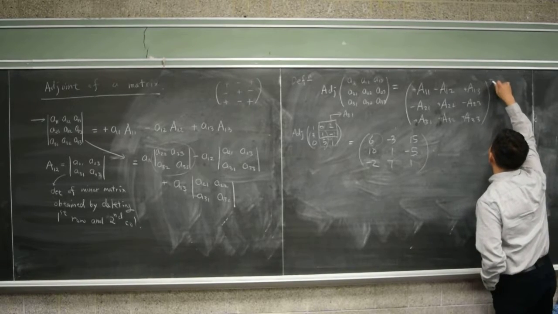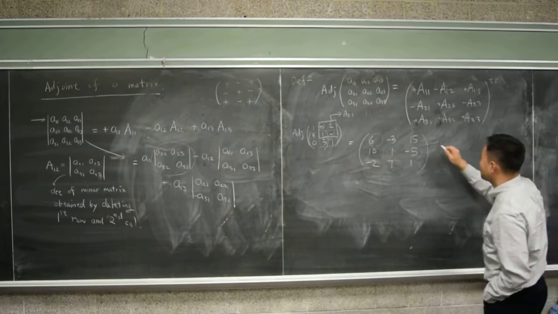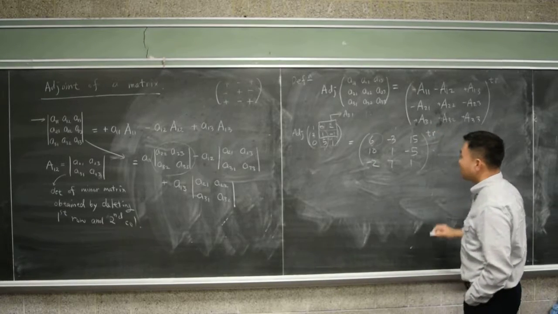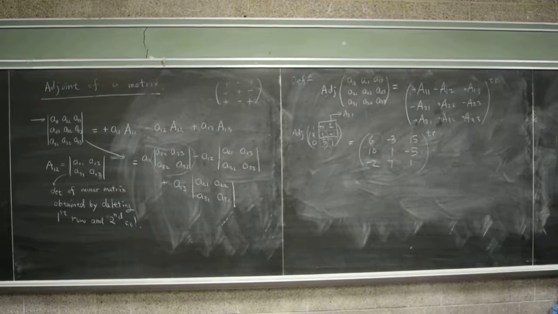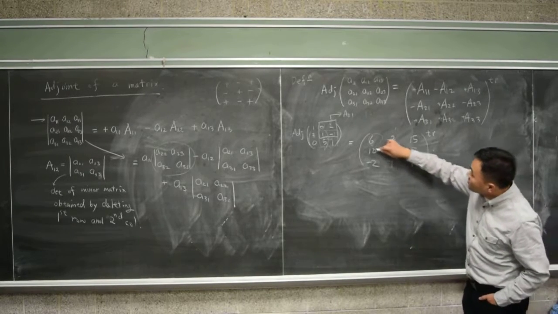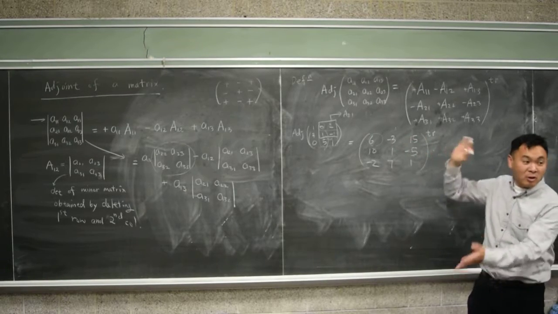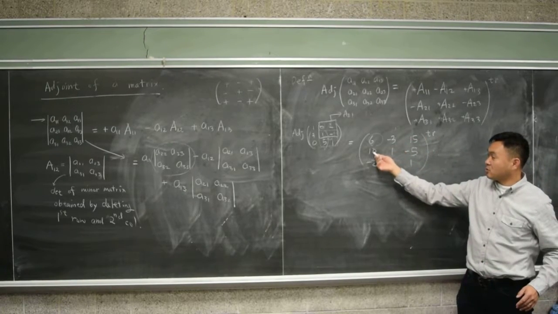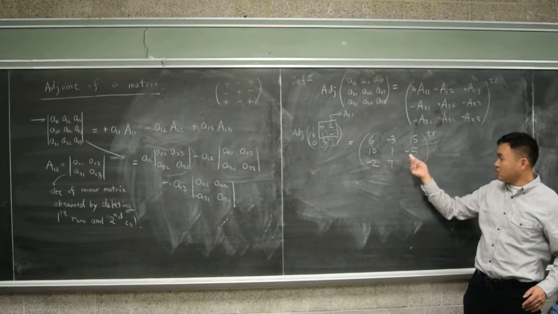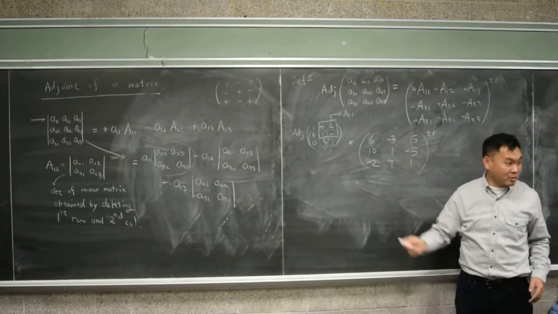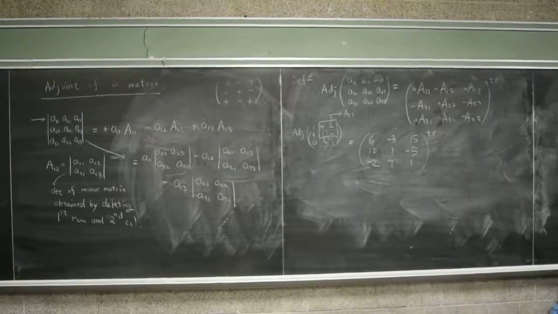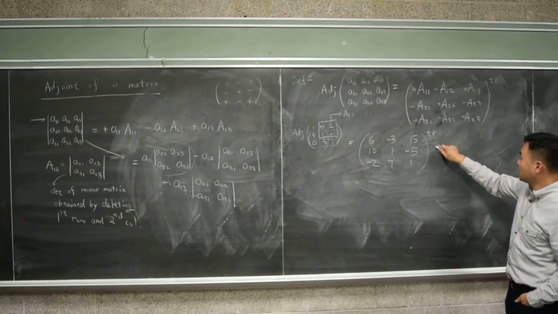You need to take the transpose after this, and I forgot to explain what transpose is. Transpose is you leave the diagonal, that doesn't change, but you flip along the diagonal. So this becomes that, these two change places, these two change places, these two change places. That's what transpose is. Okay, so let's do the transpose.